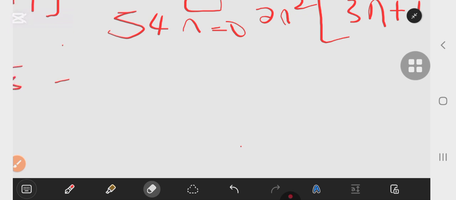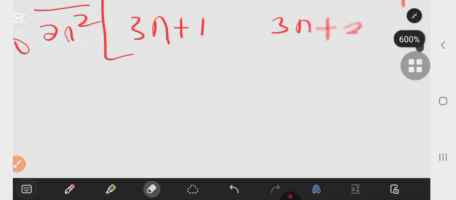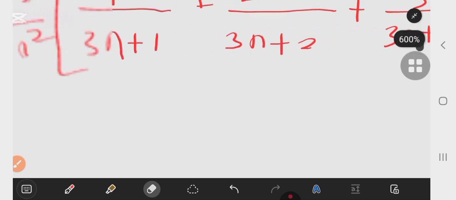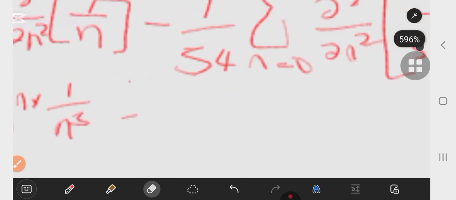Now notice that n here has 3 multiplying it. One thing I would like to do is to first factorize the 3.